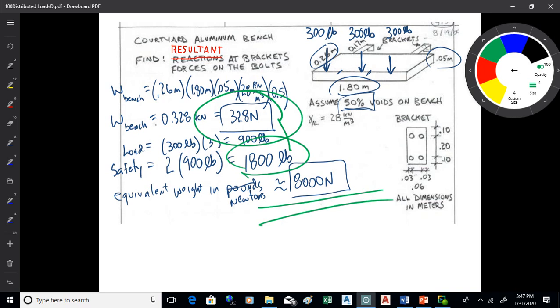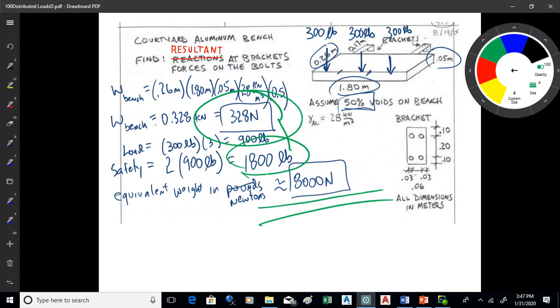Where's your 28 kilonewtons per meter cubed? That's a given. I looked it up in a book. That's aluminum. Is that the density of aluminum? No, it's the specific weight. Okay, thank you. I see what you're saying. Why does multiplying an item's specific weight times its volume give you its weight?